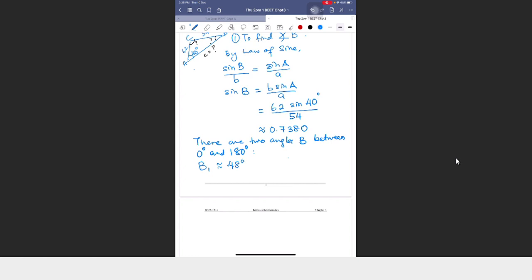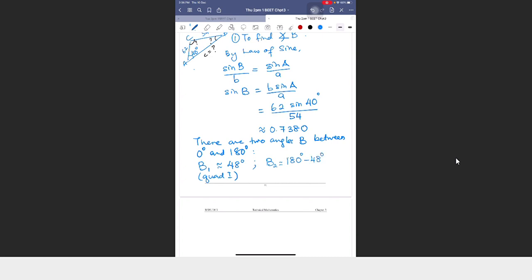This is the quadrant 1 angle. What about quadrant 2? I denote it by B2. So how do I get B2? Of course, by subtracting from 180 degrees.